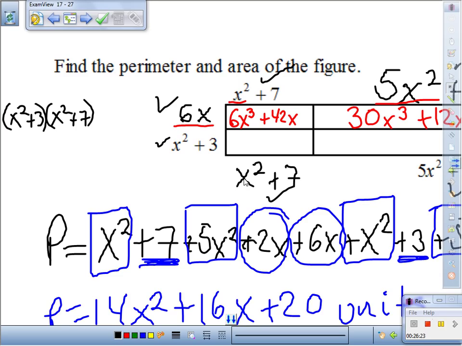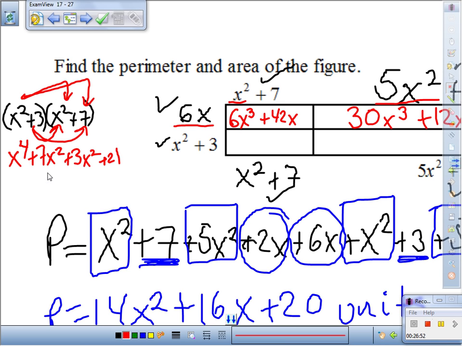There it goes. What is x squared times x squared? X to the 4th. What is x squared times 7? 7x squared. Next, what is 3 times x squared? 3x squared.